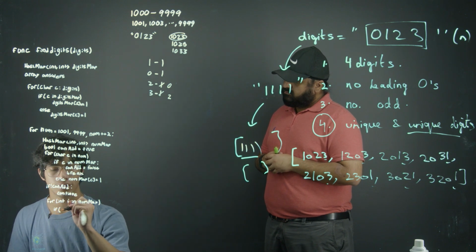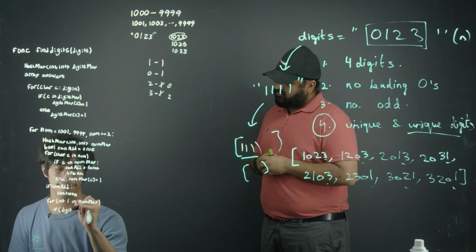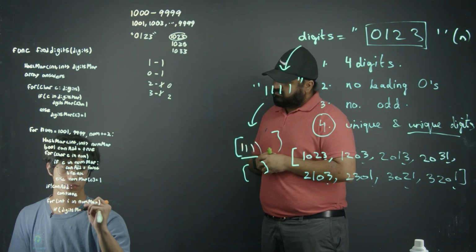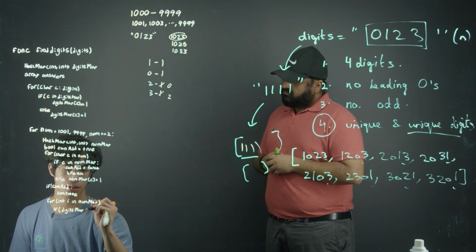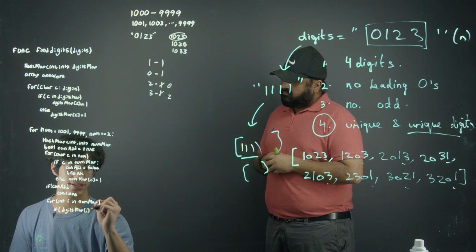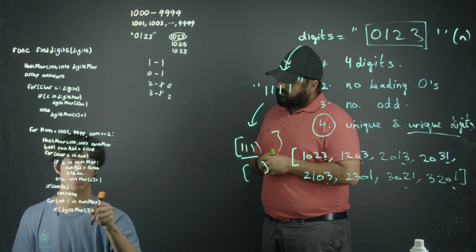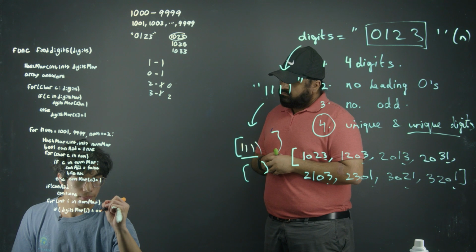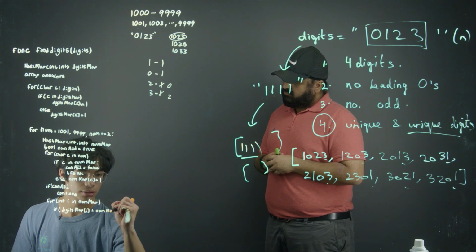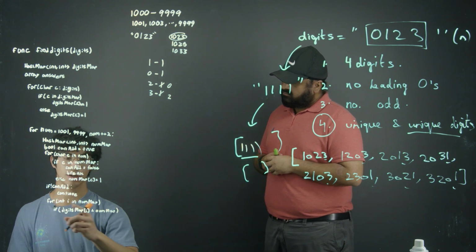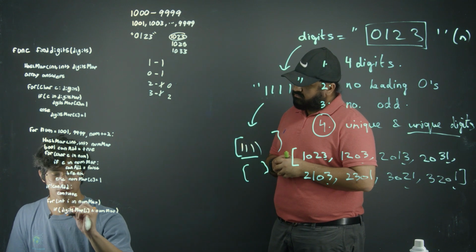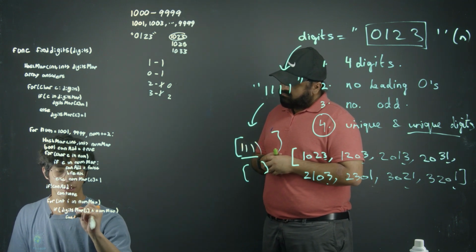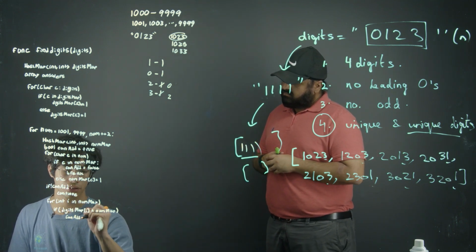So if digits map is actually less than, so if it has a lower frequency than in num map, then we cannot construct this number. So we say can add is false.